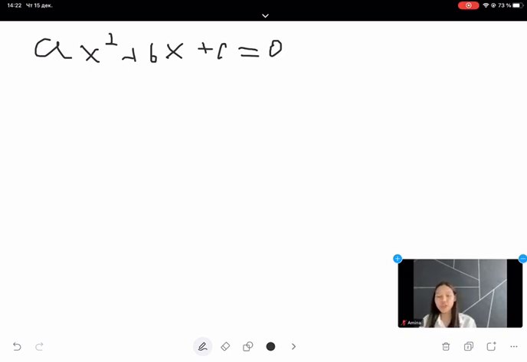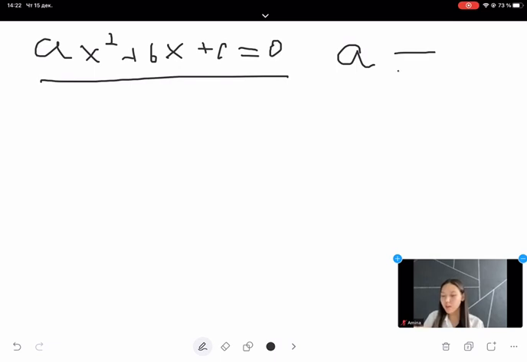First, write the equation in standard form, ax squared plus bx plus c equals 0, with a not equal to 0. Second, factor the left side of the equation. Third, apply the zero product property, that is, set each factor equal to 0 and solve each equation to obtain the roots.